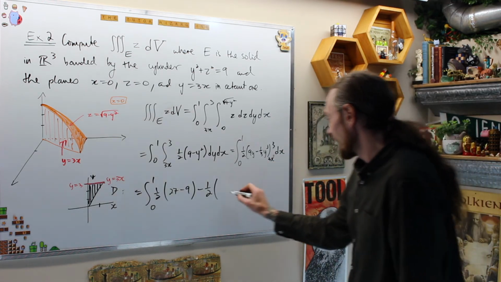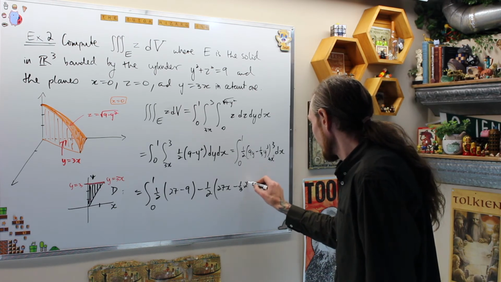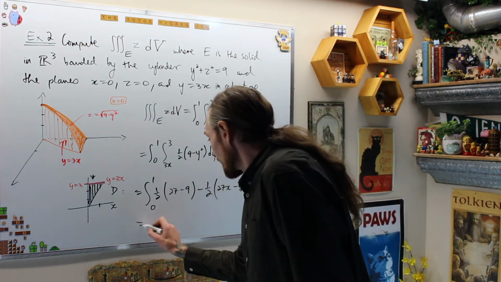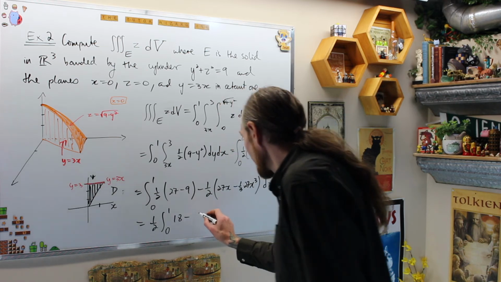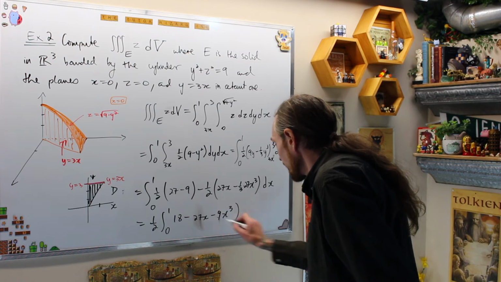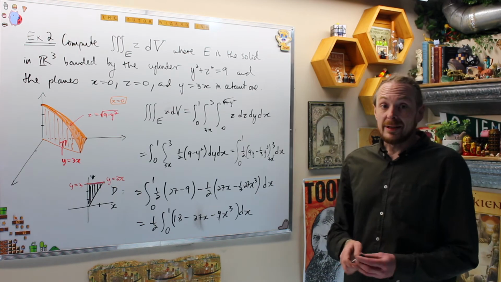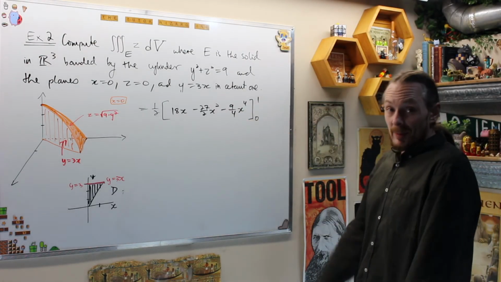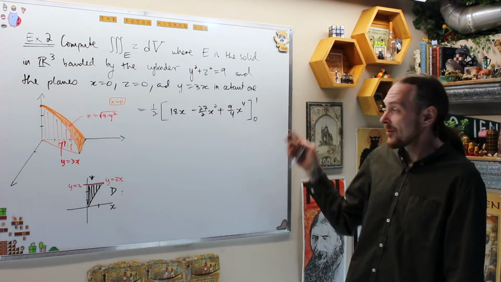Putting this in here, I'm going to get 27x minus 1 over 3 times 27x cubed dx, which is going to equal 1/2 the integral from 0 to 1 of 18 minus 27x minus 9x cubed, if I did that right, dx. Now let's move that up and compute finally. Moving that up, we get the antiderivative again using the Fundamental Theorem of Calculus Part 2. Sorry, this should be a plus. Get it right. And now this is the correct antiderivative.